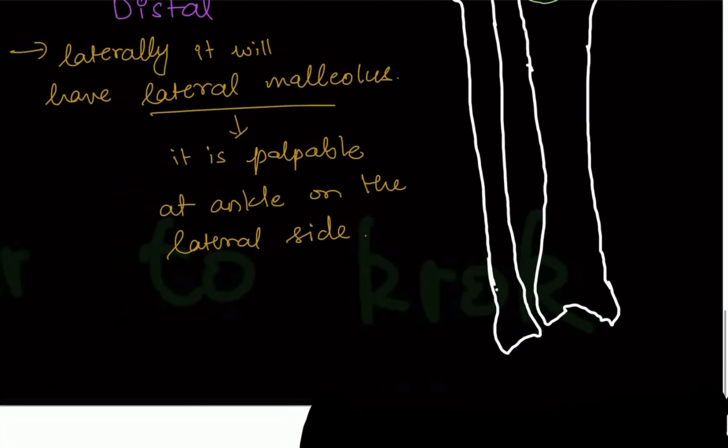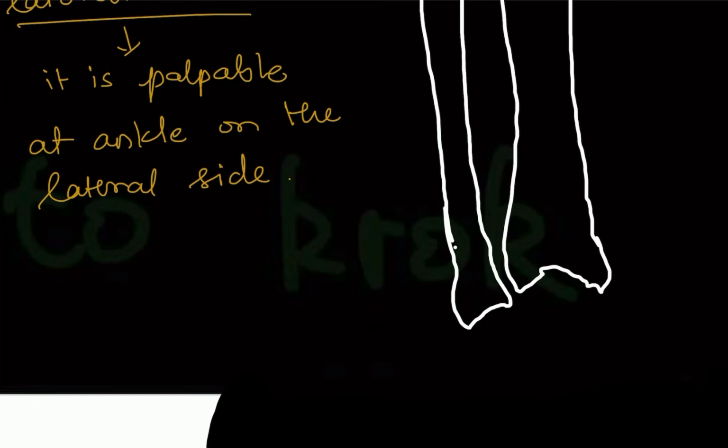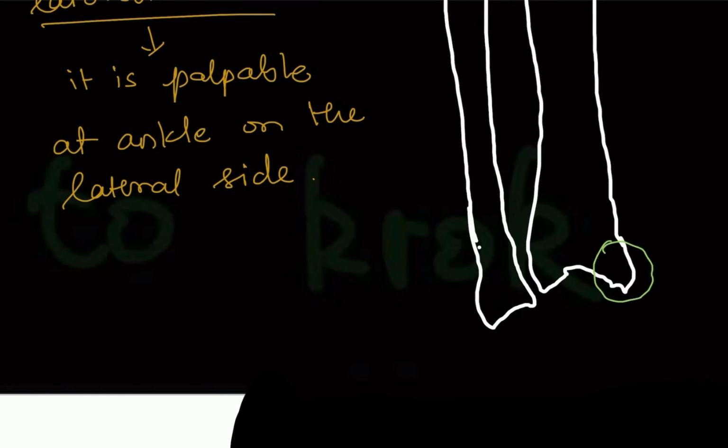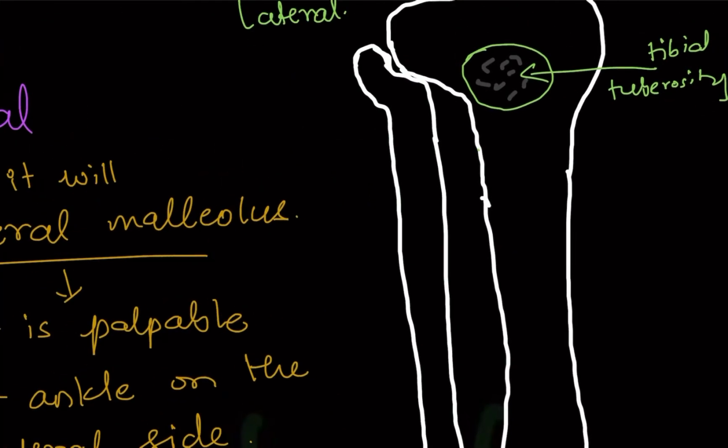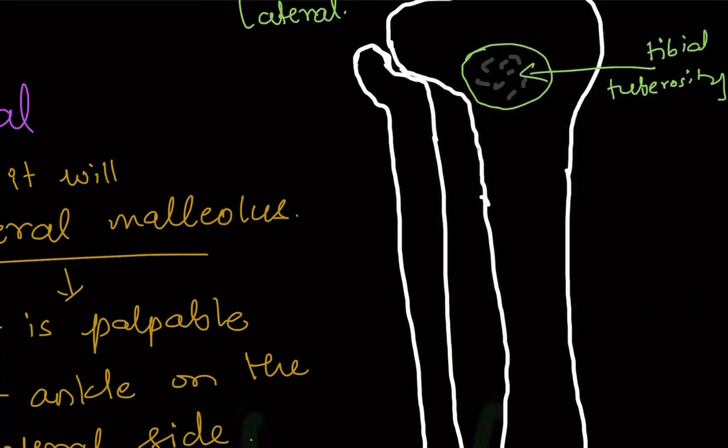Then you have the shaft of the tibia. Distally on the medial side, you will have the medial malleolus. And laterally, you can see this notch called the fibular notch. At this fibular notch, the fibula and tibia meet, forming the distal tibiofibular joint. Let's look at the fibula bone now.